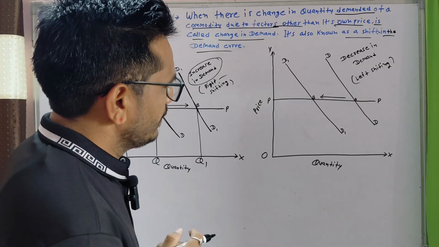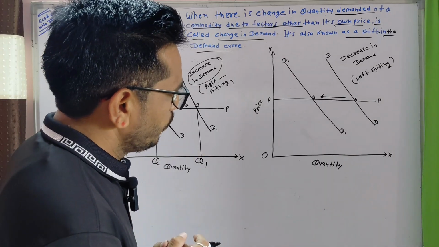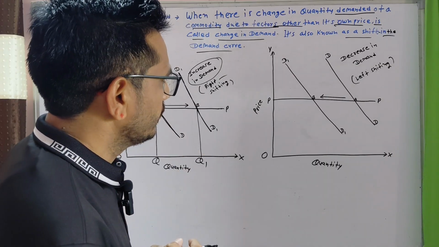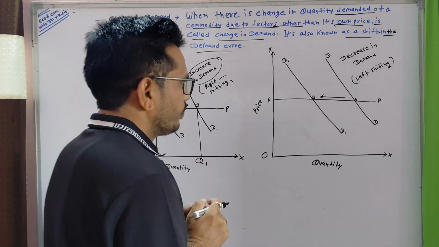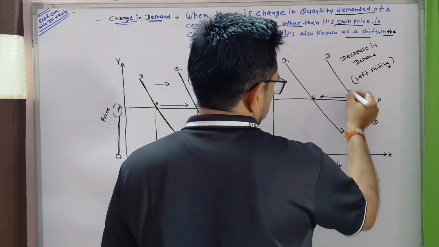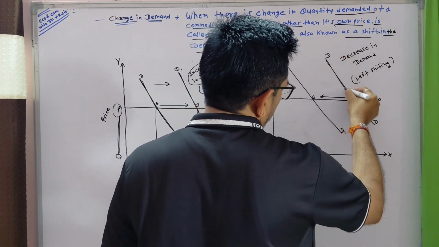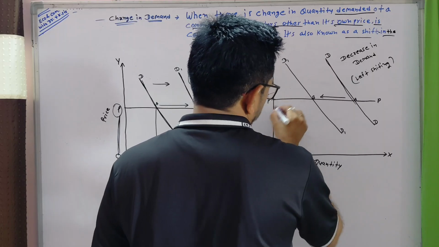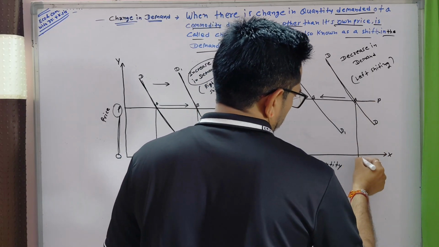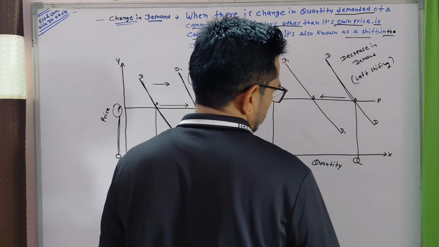Decrease in demand is the inverse position of increase in demand. So let's go for this. First there is a DD curve, price is OP, and there is OQ demand.